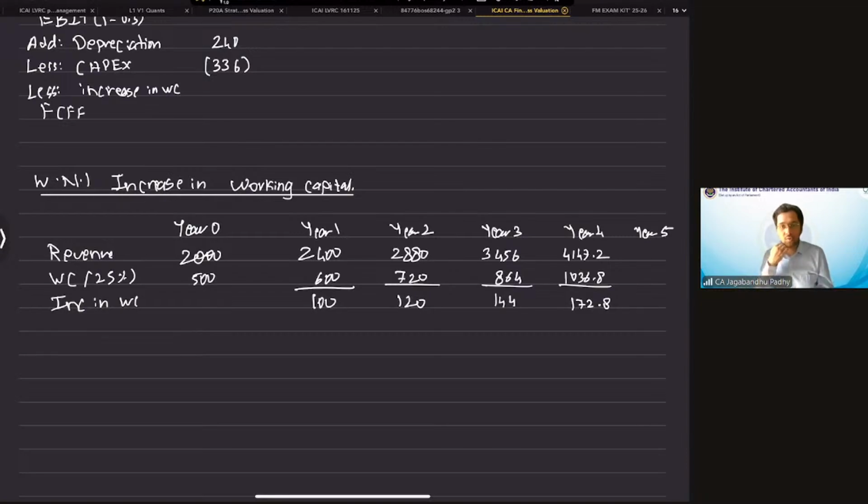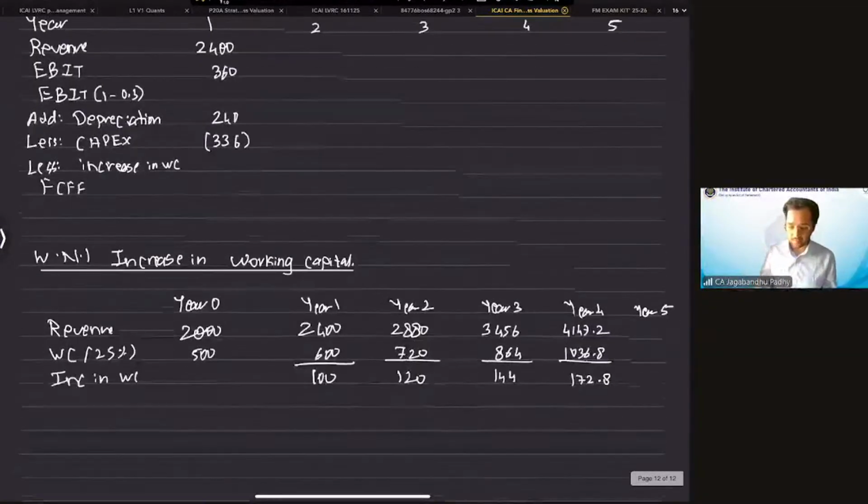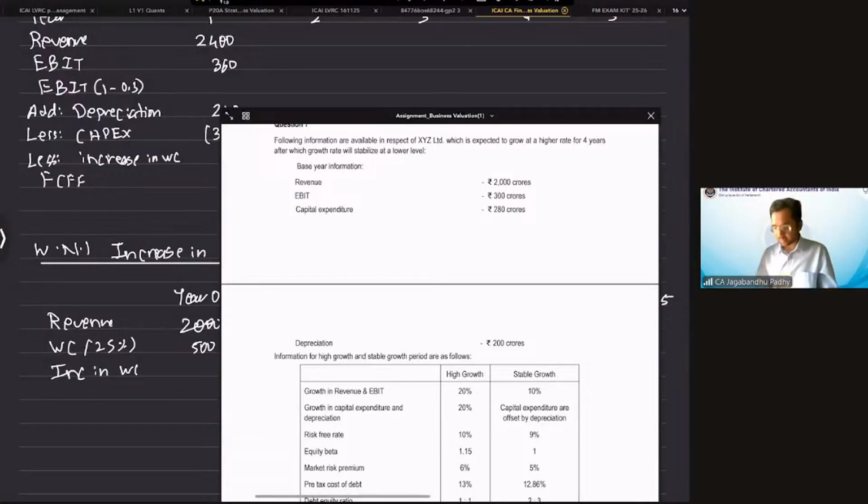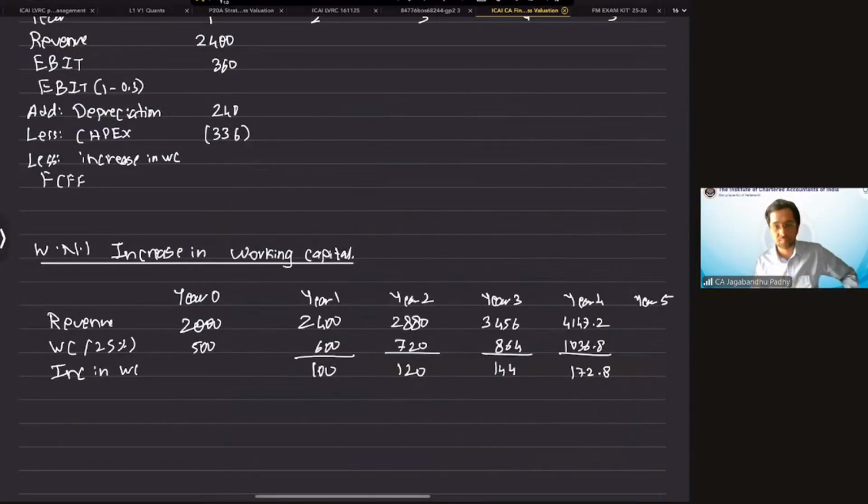Then year 5, the terminal year. What is the growth rate now? From year 5 onwards you have a stable growth rate, so growth in revenue and EBIT is now 10%. 4147.2 plus 10% is 4561.92, and 25% of that is 1140.48.